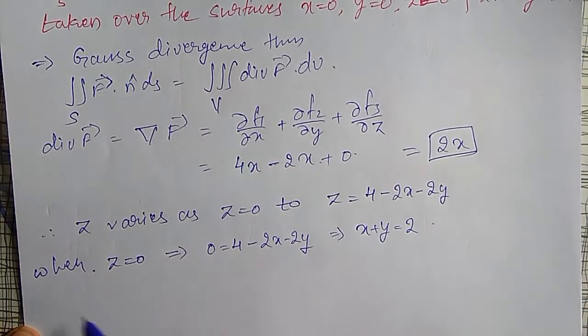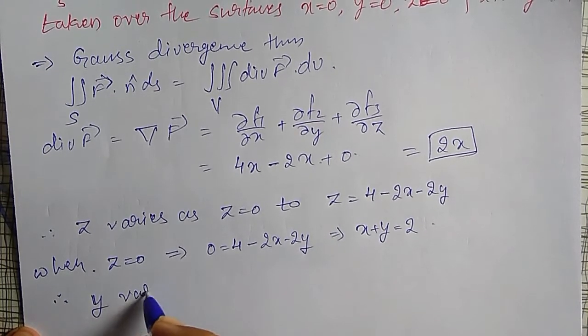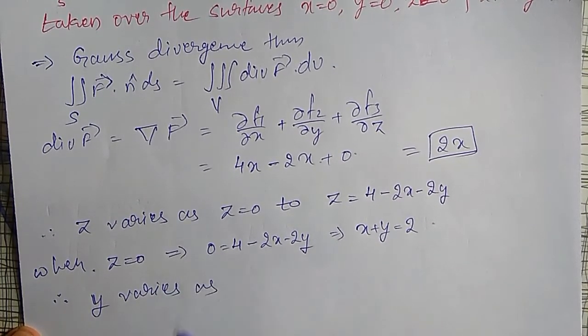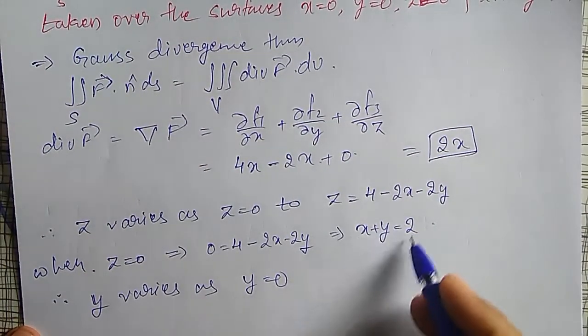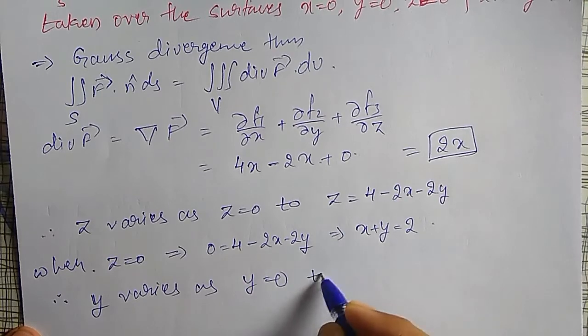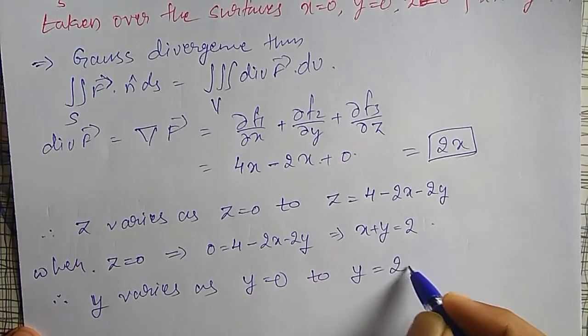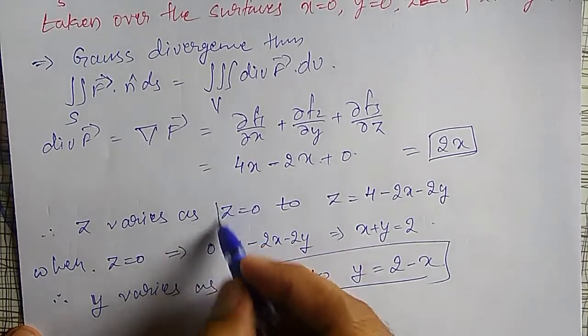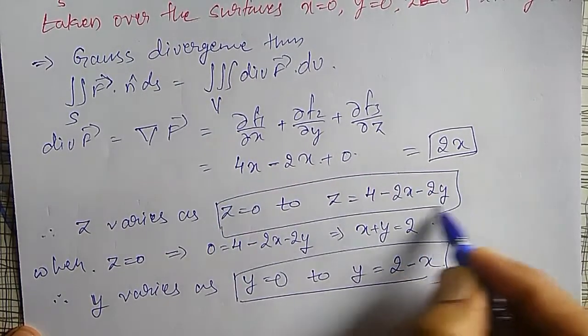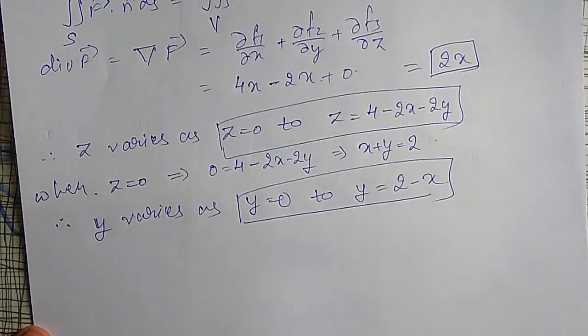Okay, therefore when z is equal to 0, y varies from y equal to 0, as given, to this straight line, y equal to 2 minus x. Y varies like this, z varies like this, and what about x then?